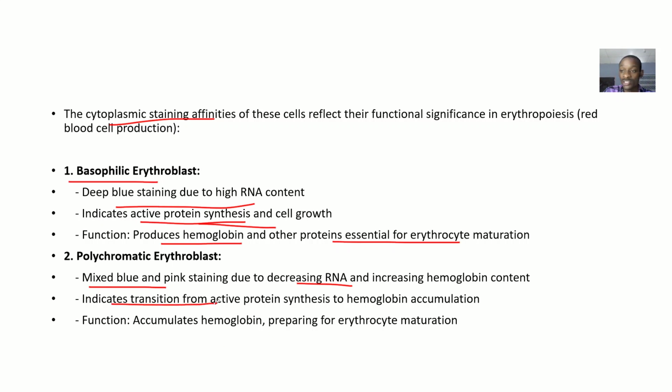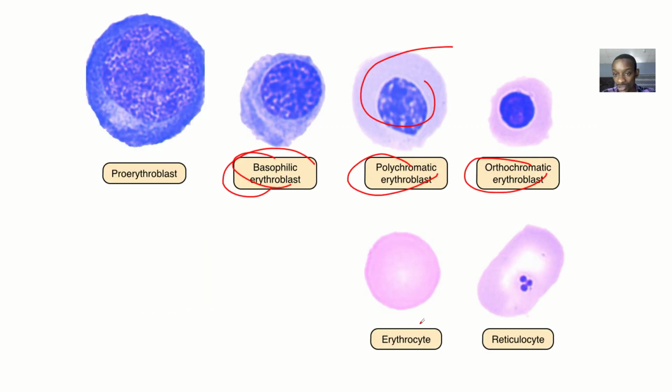This indicates a transition from active protein synthesis to hemoglobin accumulation, because as the red cell matures, there's an increase in hemoglobin concentration. That's why I have a mixed staining here. Function: it accumulates hemoglobin, preparing for erythrocyte maturation.